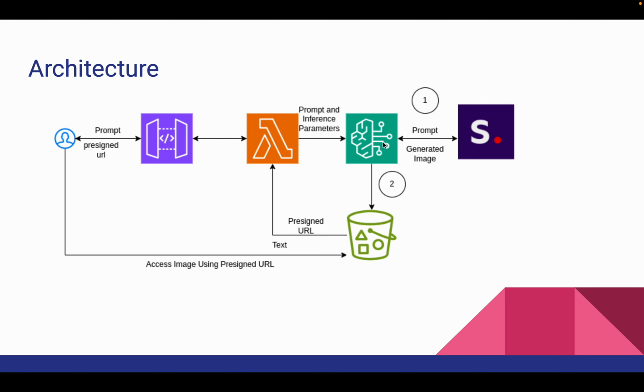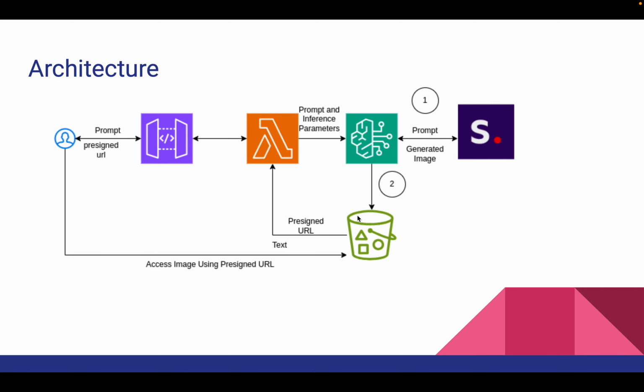Once the image is received, we will be pushing that into an AWS S3 bucket. We will be keeping this S3 bucket private, so if you directly share the URL, the customer or the client application will not be able to see it.